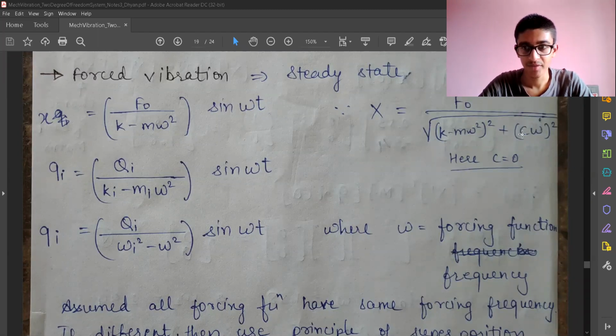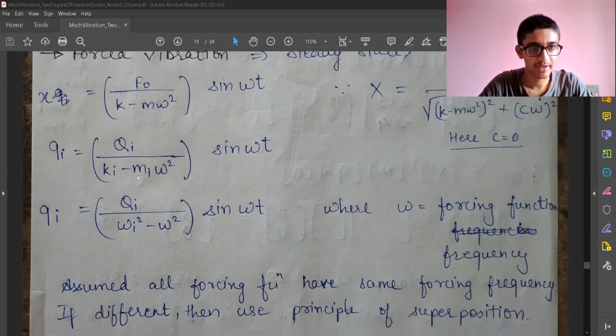We are ignoring the damper, since the damping matrix is not going to be a diagonal matrix directly, and it's going to be tough for us to convert it to a diagonal matrix. So we'll introduce the damping later. Now these are being converted to modal coordinates, where the force has changed to q i, and k has changed to k i.